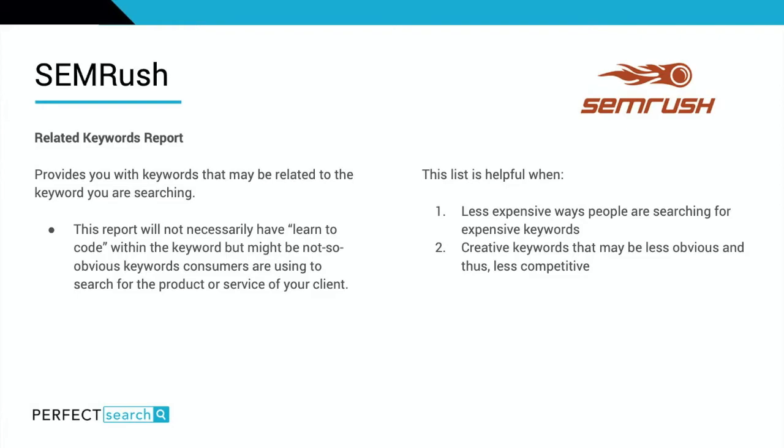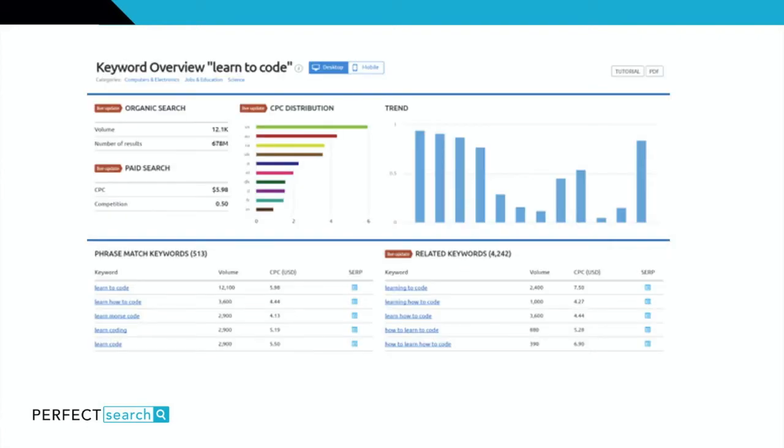We can get better coverage on all the different variations that people are using to search for a certain product or service. And so here we just have a screenshot of the SEMrush interface, again using that same example of learn to code. We get some interesting information here, so you'll notice some organic search information, paid search information, which of course we're a little more interested in, as well as CPC distributions and trends.